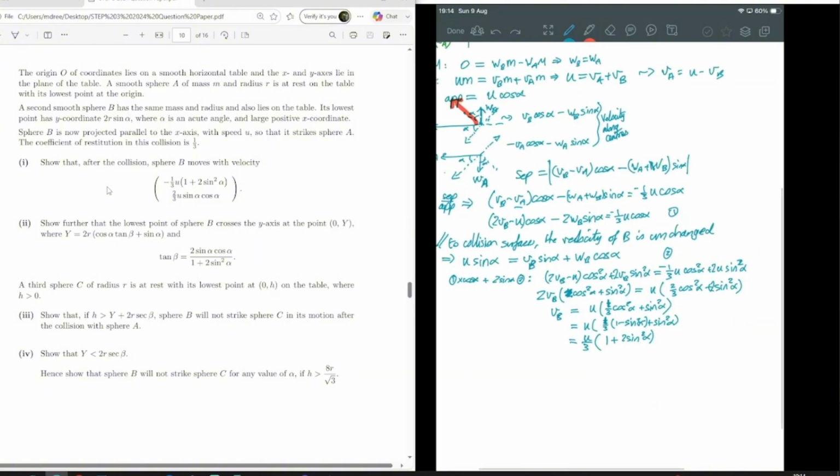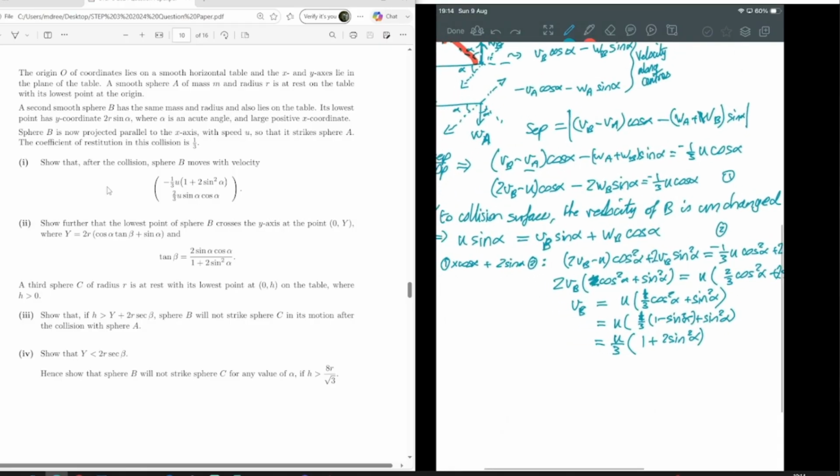Now I want to find the WB. So I want to do a similar thing. I could substitute this VB back in to one of my original equations. That second one looks nicer. Or I could try and resolve, by doing a different combination of equation 1 and 2.